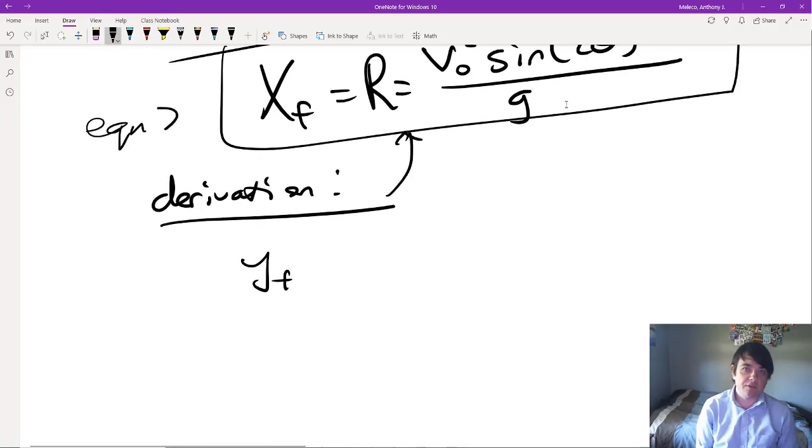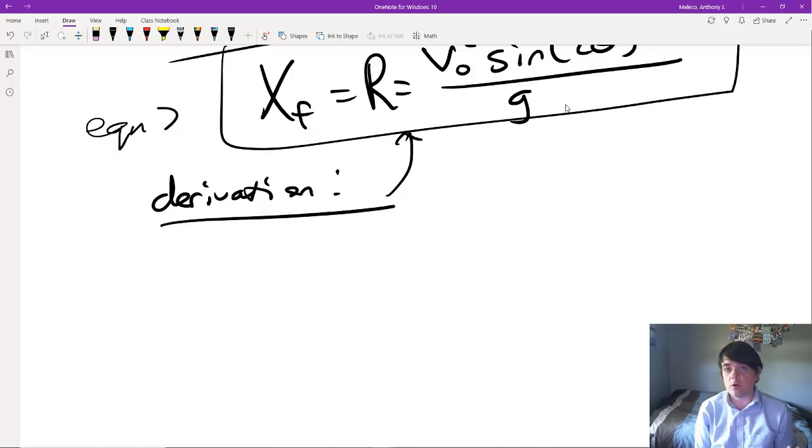And if you don't want to see the derivation or you don't find it useful, you can skip a little bit ahead in the video. I think it's useful. I think it shows you a little bit about algebra, but if you don't care, you can skip ahead. After that, I'll be talking about just the 3 types of problems we'll be solving, and then a couple problem-solving techniques at the end. Okay?